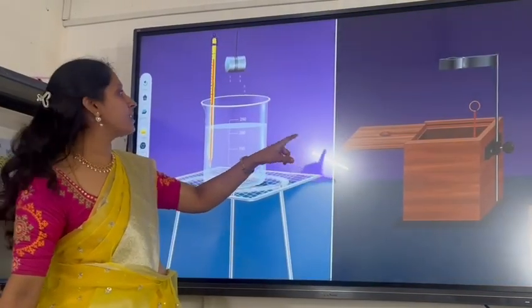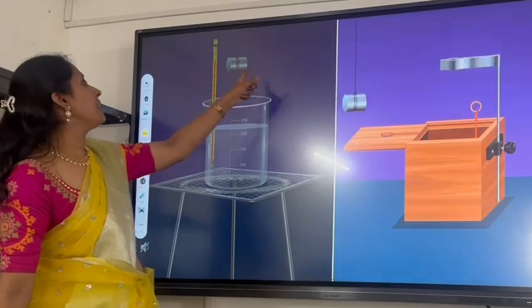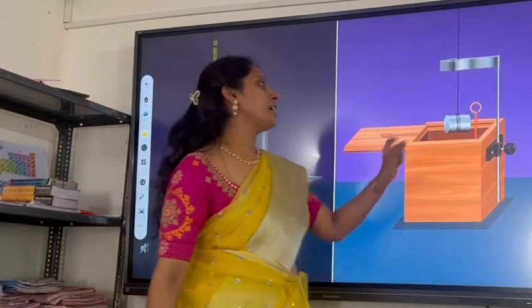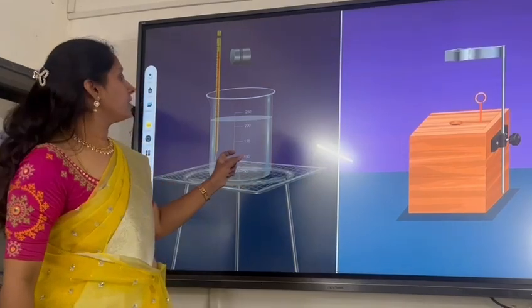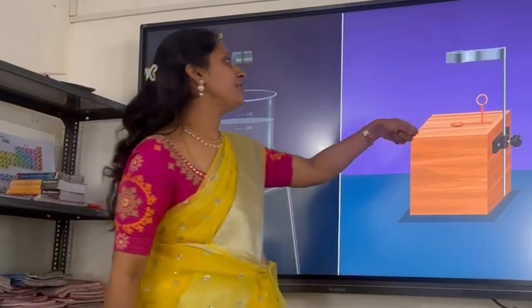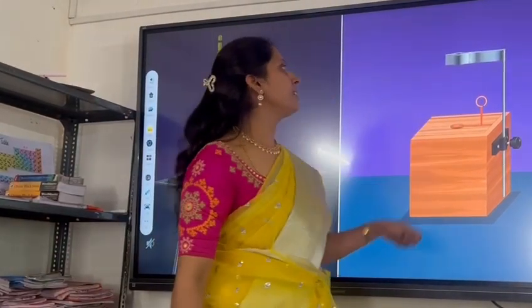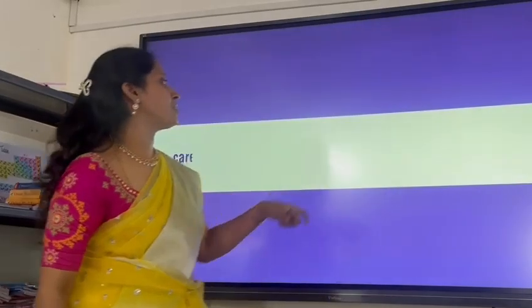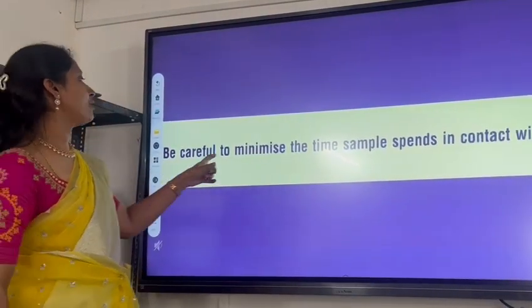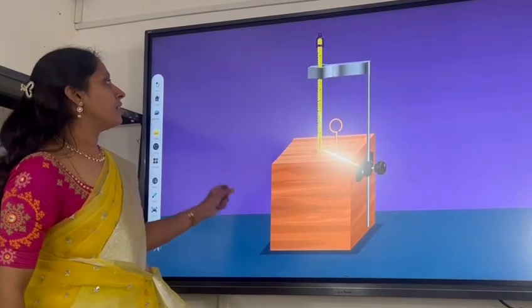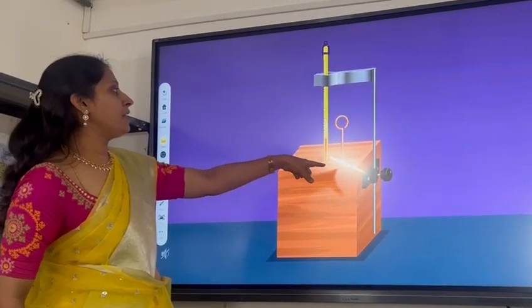We raised its temperature, so quickly keep it into the calorimeter and stir it with the stirrer and measure the temperature again. We need to be careful to minimize the time when you are keeping it into this.